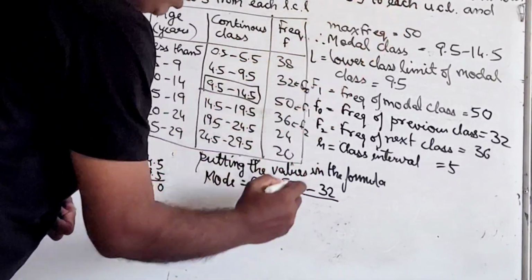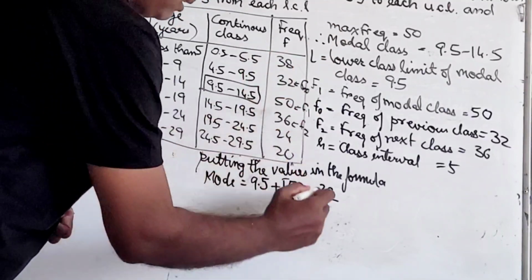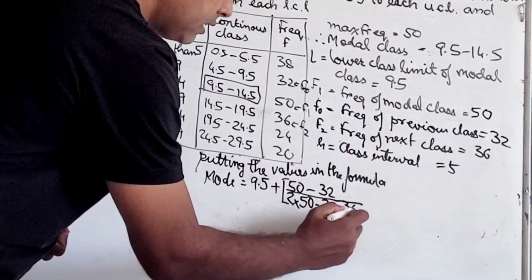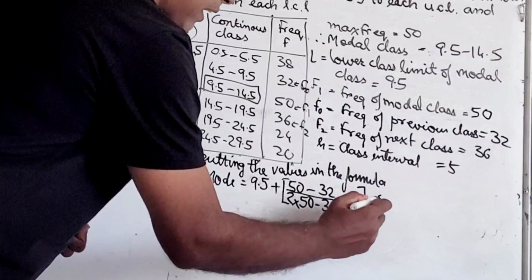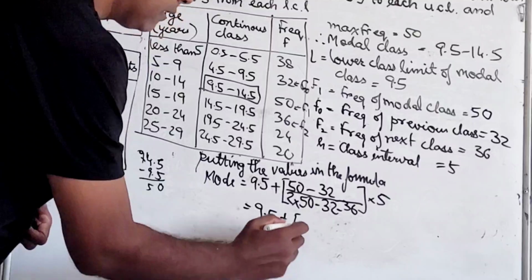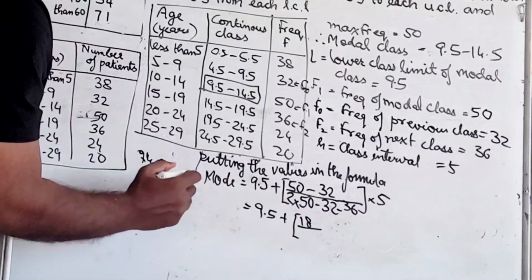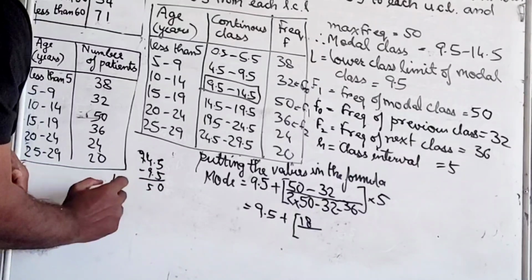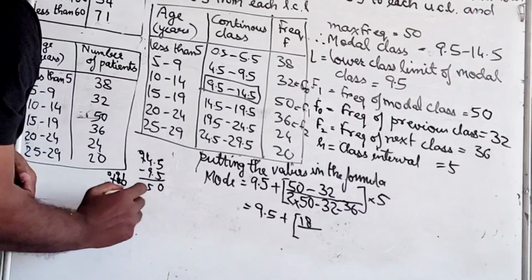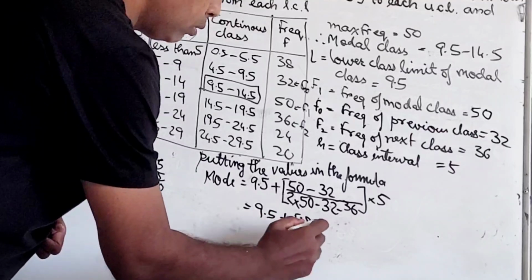Then you require 2 into 50 minus 32 minus f2, the frequency of the next class, which is 36, and class interval is 5. So putting these values, 9.5 plus 50 minus 32 is 18 upon 100 minus 32, which is 68, and 68 minus 36 is going to be 32. So 32 into 5.